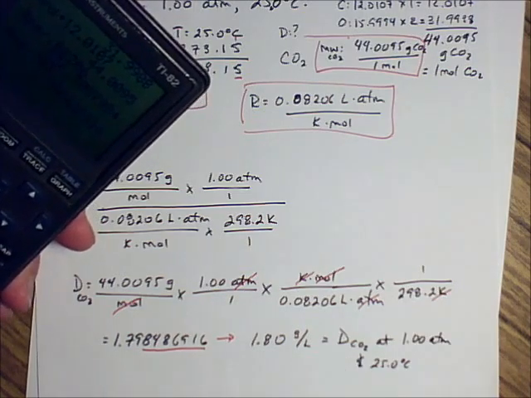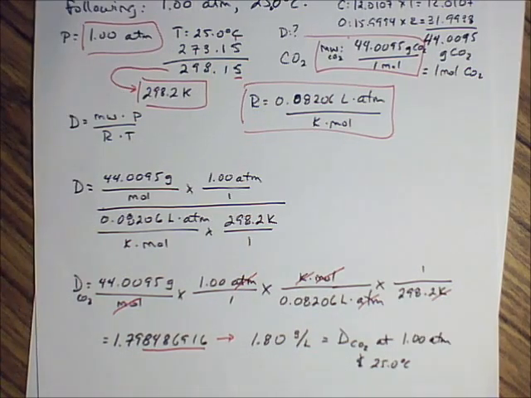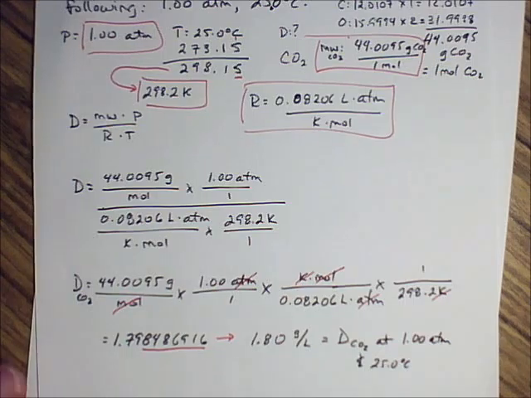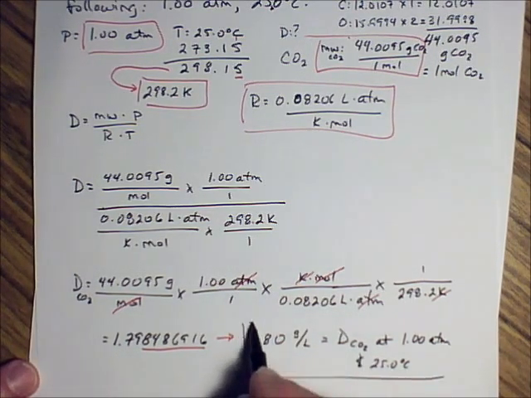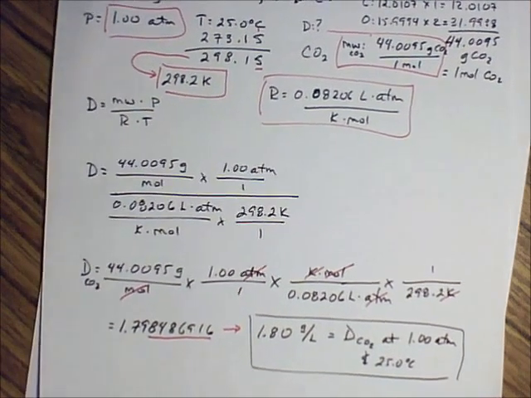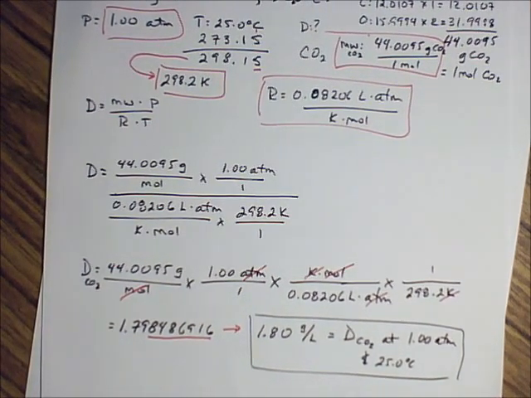The density varies based on temperature, especially for gases. So when you're giving me the density of a gas, you need to specify what pressure and temperature. Okay? That's really important. I wouldn't count it off against you at this point, but it does become really, really important at some points. All right? Any questions?